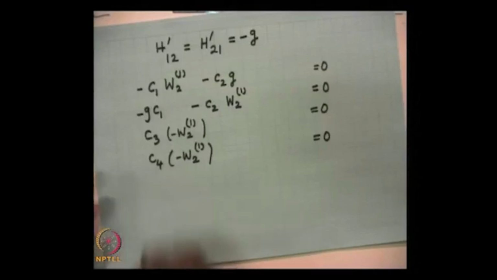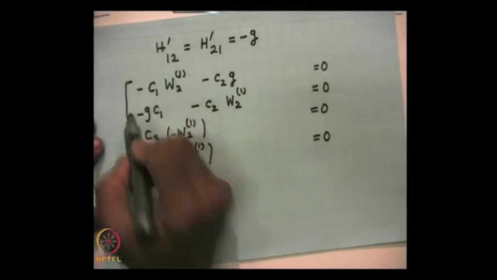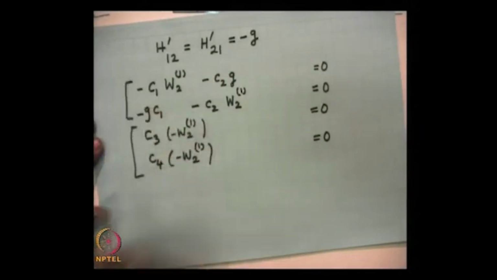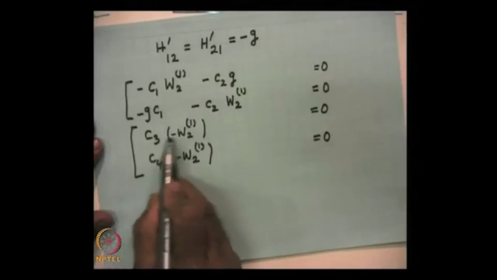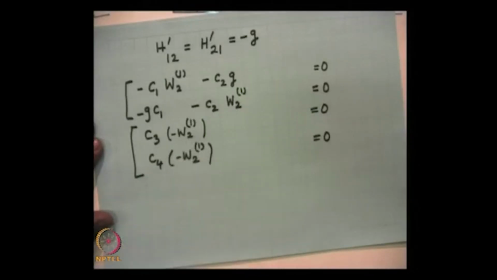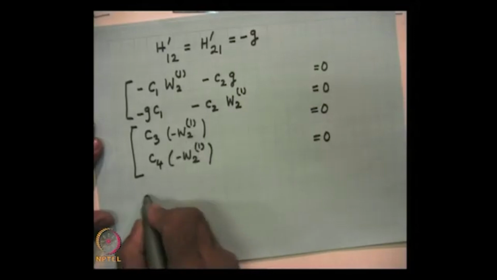Actually, we will have a 4 by 4 determinant like this, but it simplifies because these two are coupled and these two are not coupled. These two equations tell us that either C3 is 0 or W21 is 0.